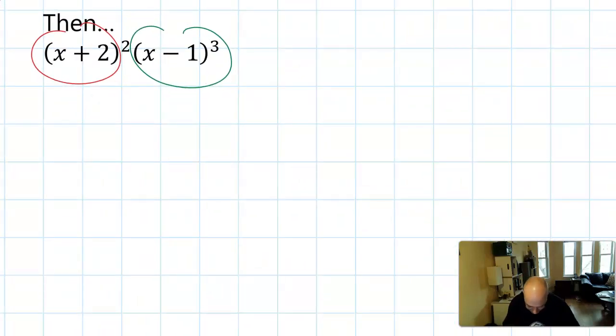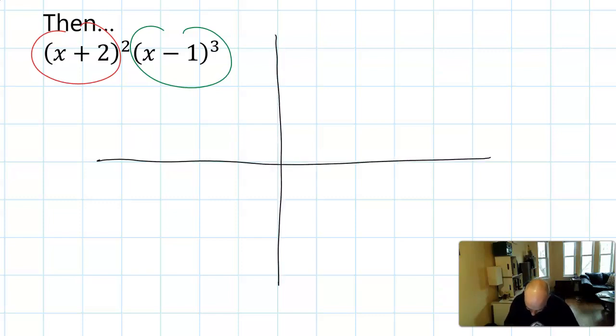So if I were to graph this polynomial, just as a quick sketch, at -2, we would bounce. Now this would be odd, so it would be accurate, right? This would have degree 5, so it would have to do this and positive coefficient. So at -2, it's going to have to come in and bounce and not change sign here because (x plus 2) squared doesn't change sign.